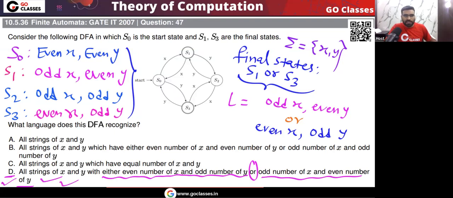Is this point clear? But let me tell you one thing: for this language, is this the minimal DFA? What do you think? You found the language.